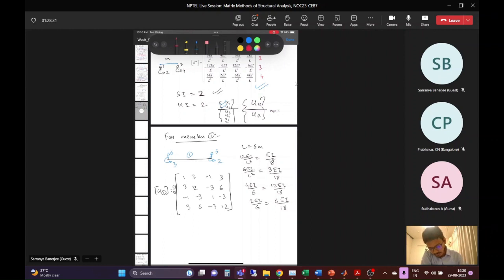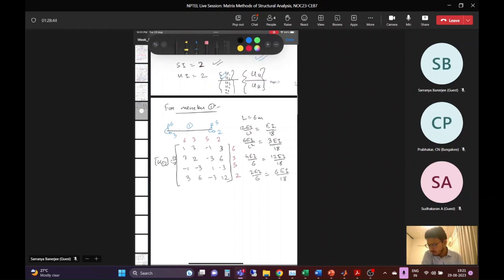Most important part, what are the degrees of freedom? P6, P3, P5, P2 equals K1 times U6.